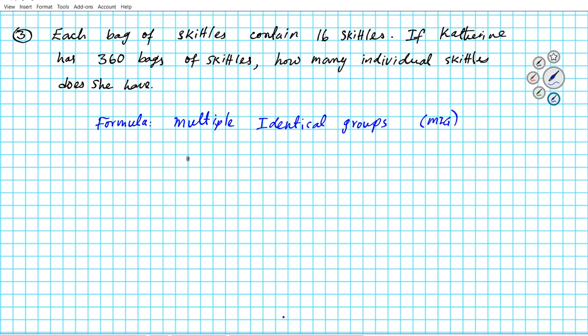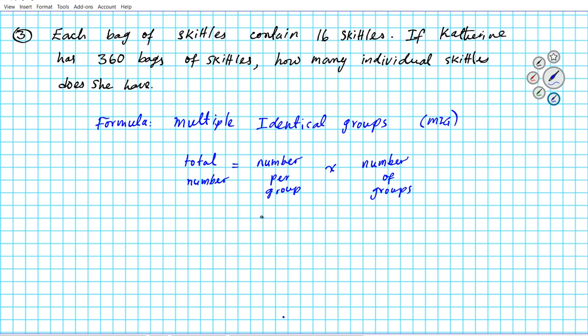The total number, total, is the number per group multiplied by the number of groups. All right, so this is like the general formula for the total number in all the groups combined.